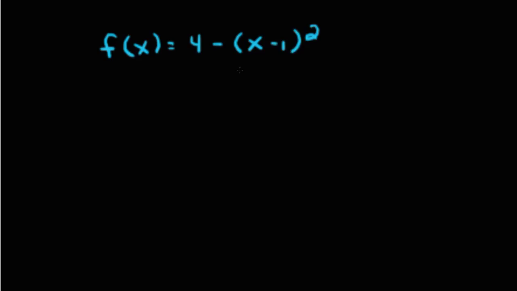And if we have it in vertex form, we already know what our vertex is going to be. All we have to do is look at it. So remember, the vertex form of the equation is a times (x minus h) squared plus k.